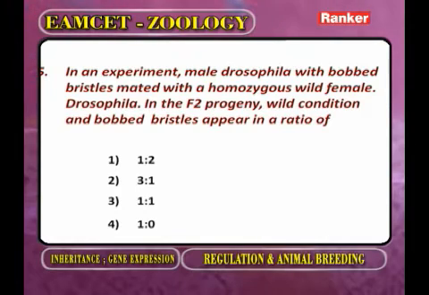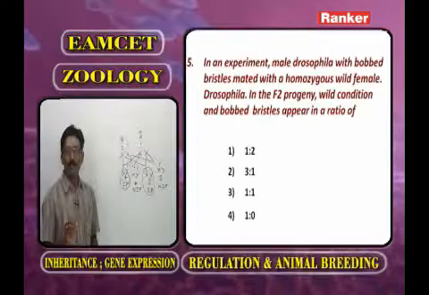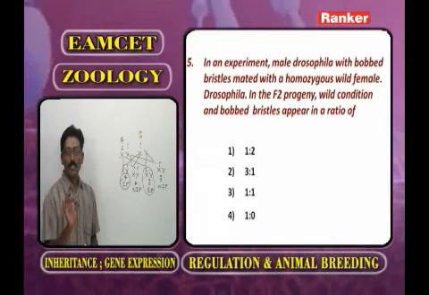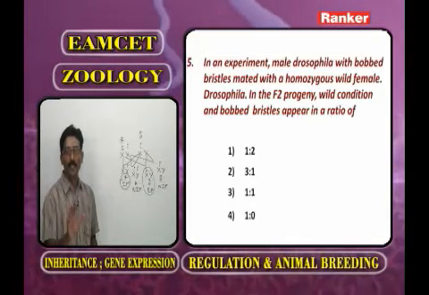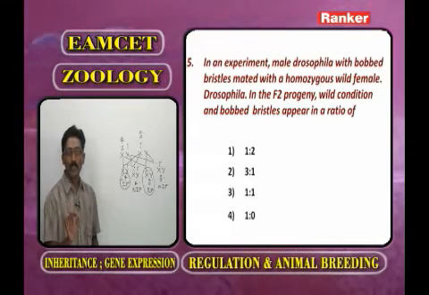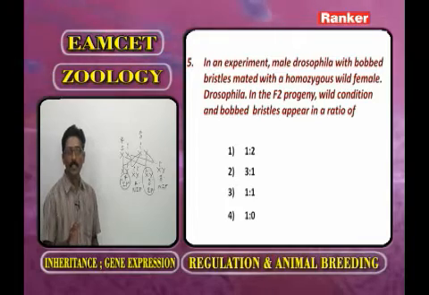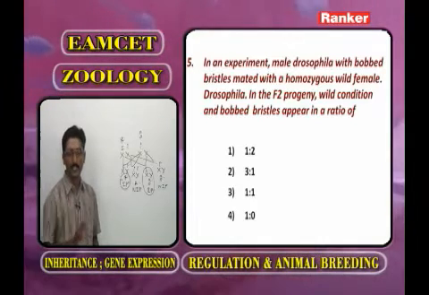In an experiment, male Drosophila with bobbed bristles. What is meant by bobbed bristles? Bobbed bristles are short. What is meant by Drosophila? It is a type of fly, commonly known as fruit fly. Scientific name is Drosophila melanogaster.